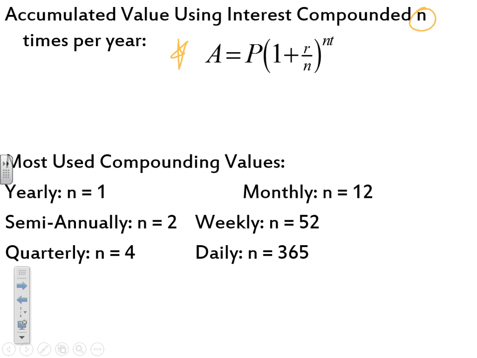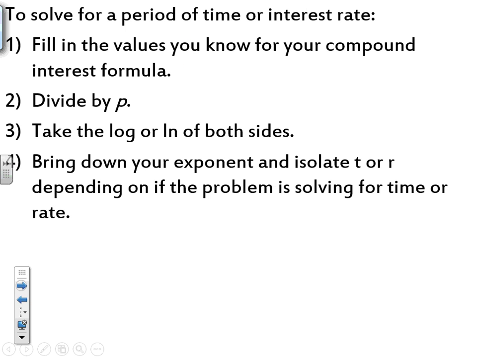So depending on how often it's compounded, that really has a role in how much money is either owed or needing to be given to somebody. This particular equation is going to be one that gets used a lot in application problems. We won't necessarily use it all the time, but it is used a lot.